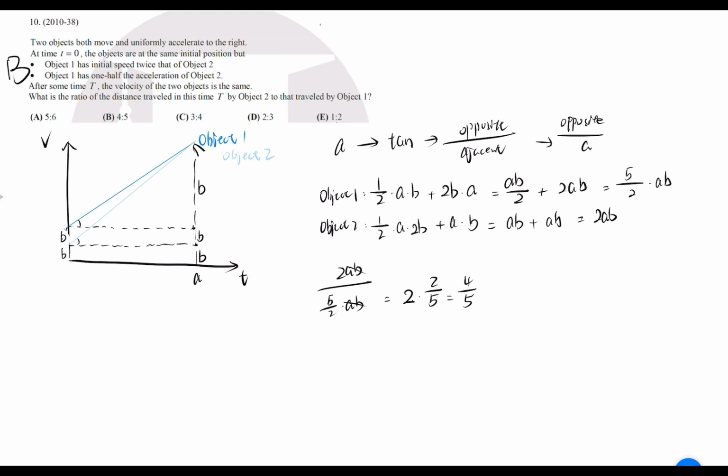Alternatively, since all the variables we have set cancel out at last when we calculate the ratio, we can just forget about A and B and just use 1 to calculate this. Let's set the velocity first.